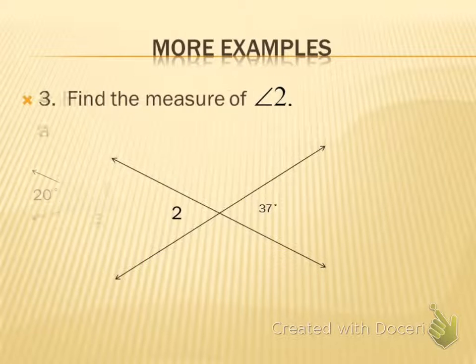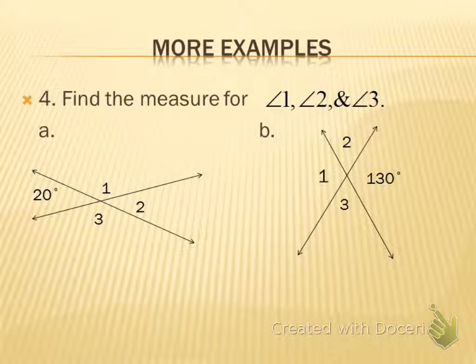Alright, here's example 4. You actually have to find 3 different angles in example 4. So this is one where you definitely can't just write your answer and circle it. You got to do some labeling. So we'll have angle 1 equals, angle 2 equals, and angle 3 equals.